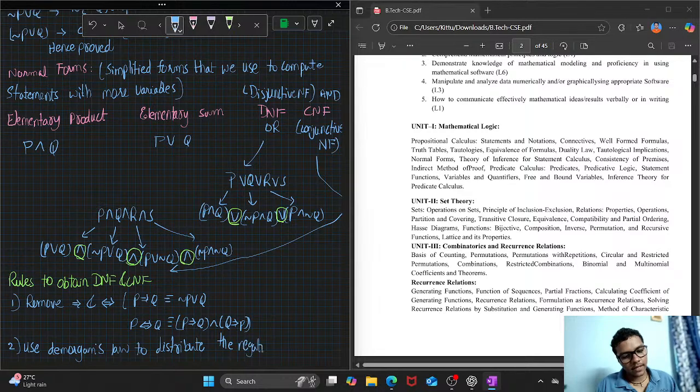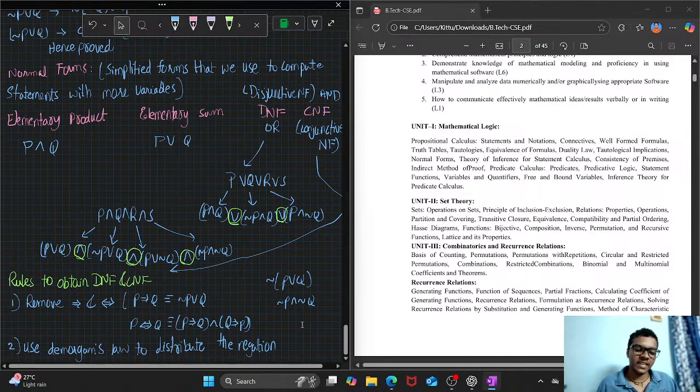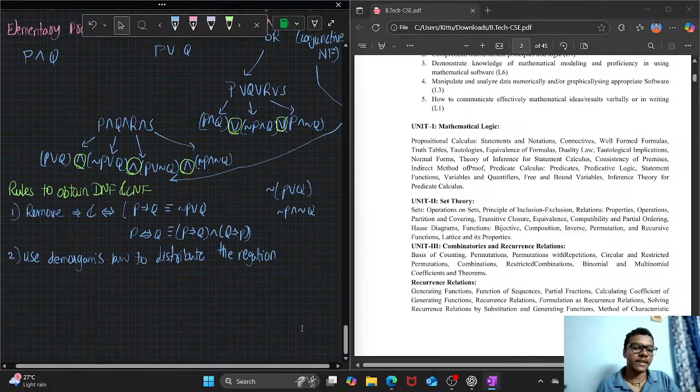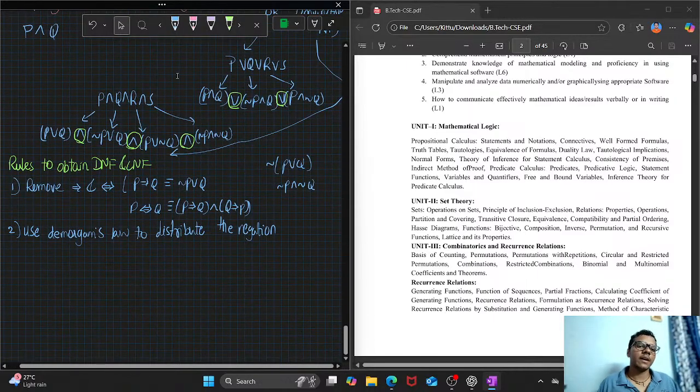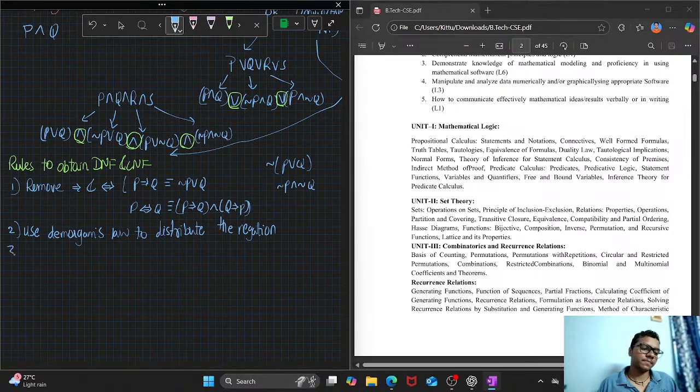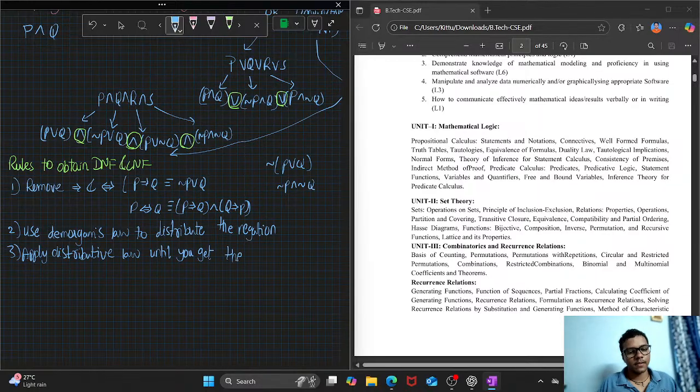So if there is something like negation of P or Q, you just distribute it like this. It needs to be as simple as possible, no complicated brackets. And after this, for DNF, if you didn't get the DNF form, apply the distributive law until you get the required form.